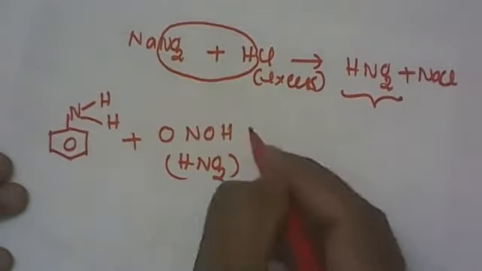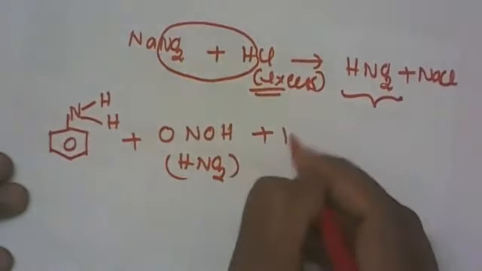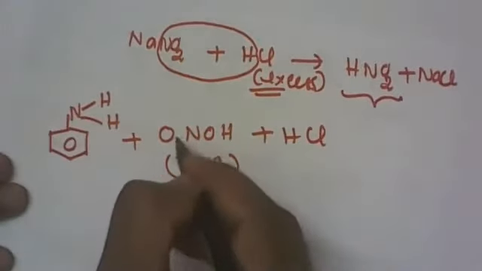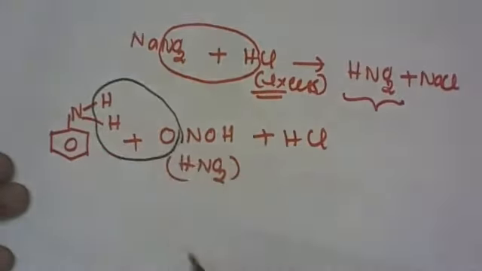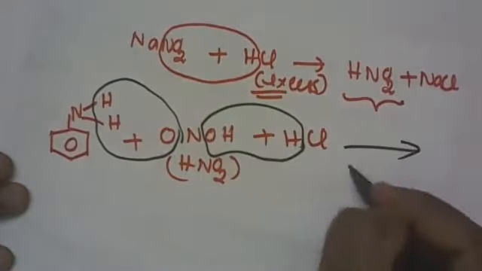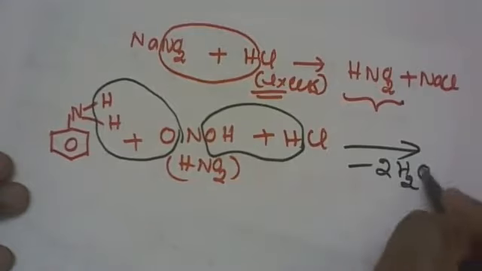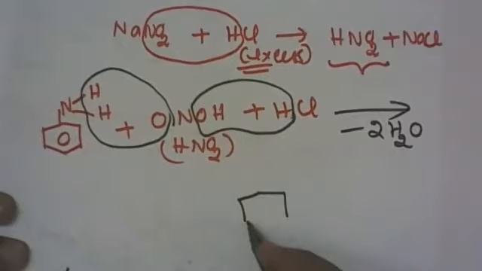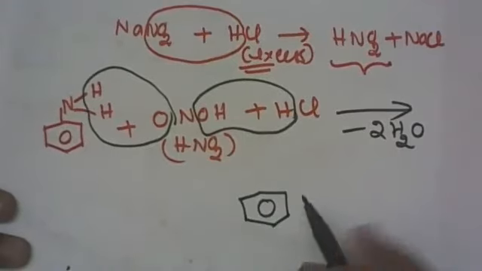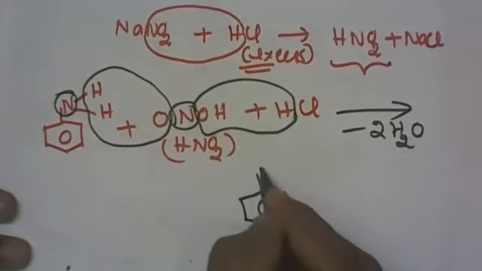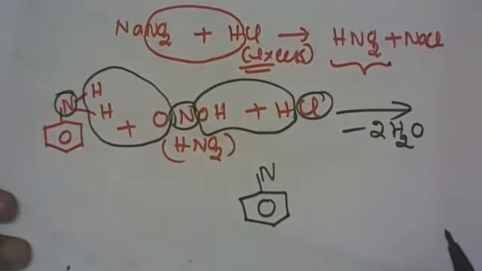And we are taking excess HCl here. Remove a water molecule, first water molecule, second water molecule, so two water molecules are removed. What are you left with now? We are left with the benzene ring attached to two nitrogens, and then Cl comes.